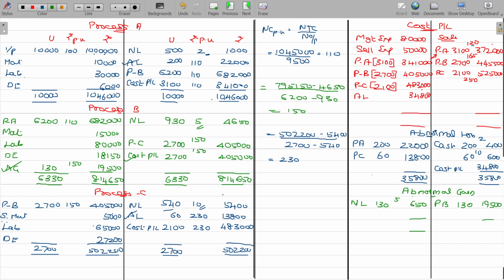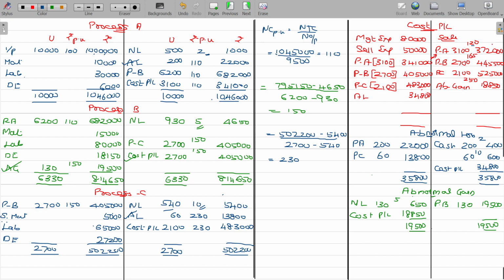The balance is the abnormal gain transferable to the costing P&L account. 19,500 minus 650, 18,850 will be the amount transferable to the costing P&L account. I transfer here abnormal gain 18,850.